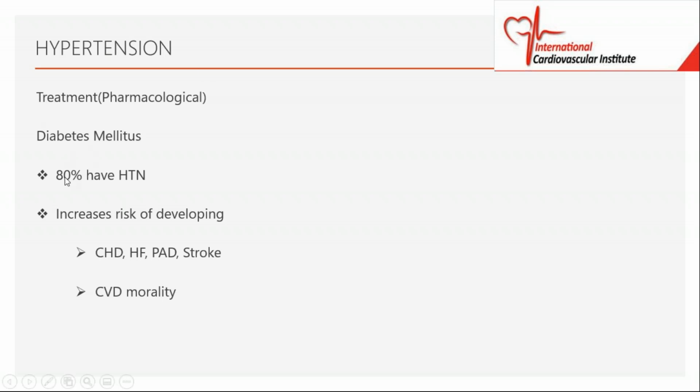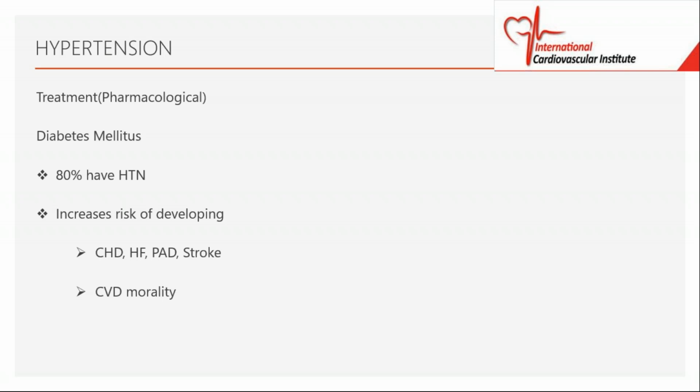And about 80% of your diabetic patients are going to have hypertension. You can put them in the risk calculator, but diabetics are going to be high risk. So the goal is going to be less than 130/80. Remember what I said? Only 3 numbers you need to remember.